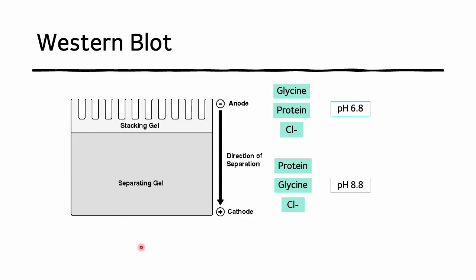However, in separating gel, due to the fact that glycine is a zwitterion, and in high pH they lose H plus and become more negative, the order of protein, glycine, and Cl minus changes. They line up in this order. So protein is now not squeezed.